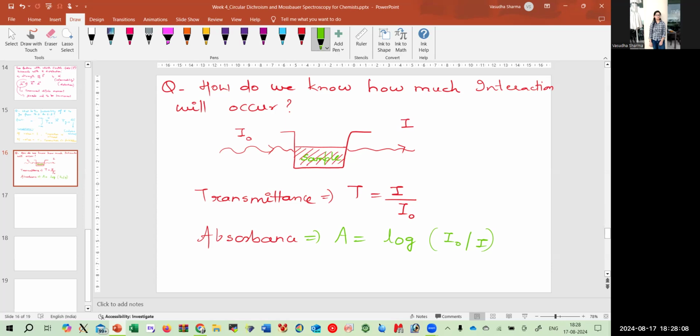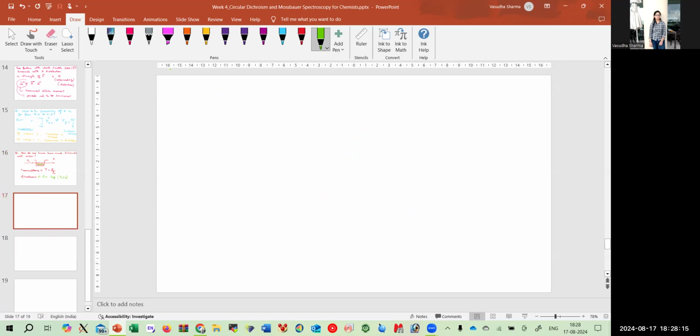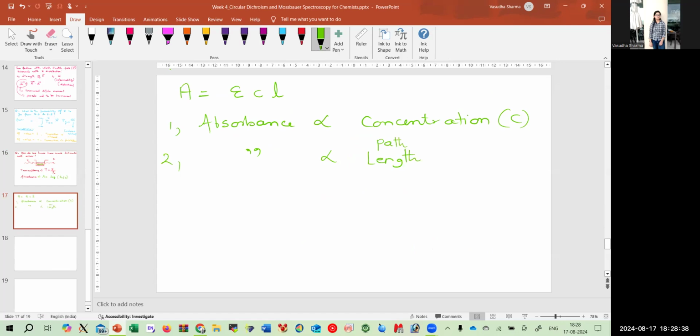Now this interaction is dependent on the absorbance, and absorbance is further correlated as A equals epsilon C L, because absorbance is directly proportional to the concentration of your sample, C. It is directly proportional to the length of the cuvette, that is the path length, the size of the cuvette that is being used.